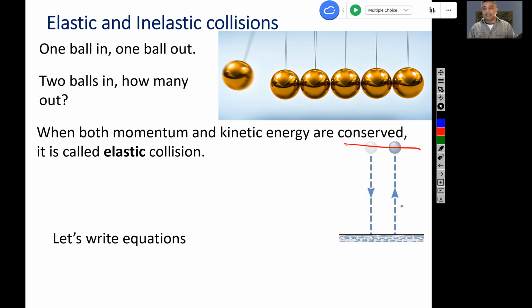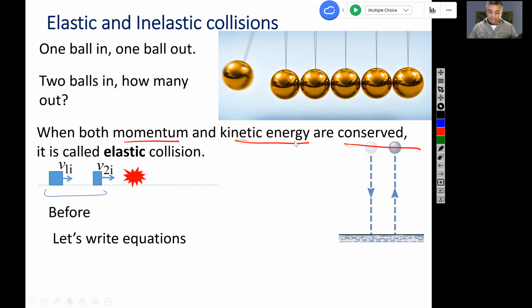So now, if we have an elastic collision, momentum is conserved and kinetic energy is also conserved, okay? Momentum and kinetic energy. So we already know how to write conservation of momentum, right? How do we write conservation of kinetic energy here? Not total energy, but kinetic energy.